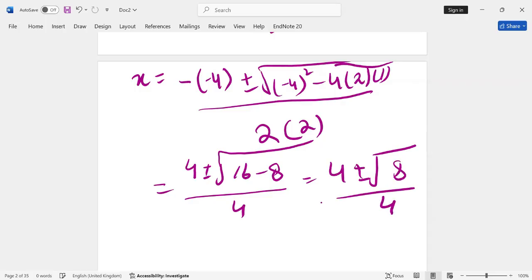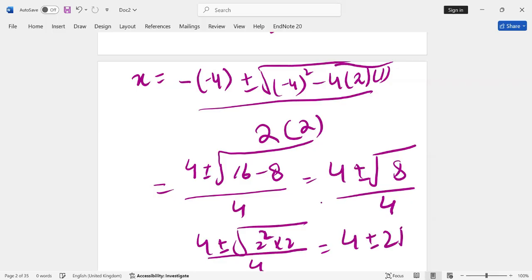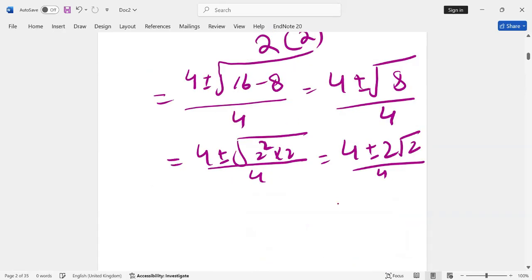Now we have 4 plus minus 2 square root of 2, by 4. So you simplify it a little bit more and you take 2 plus minus square root of 2 divided by 2. Alright?